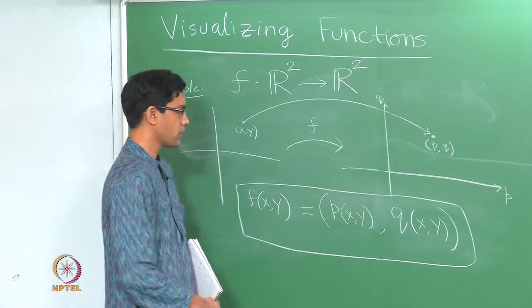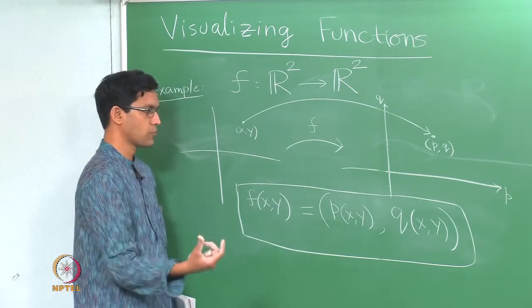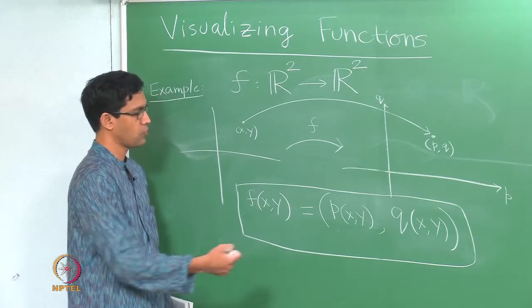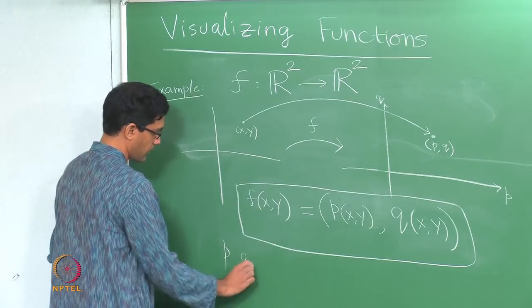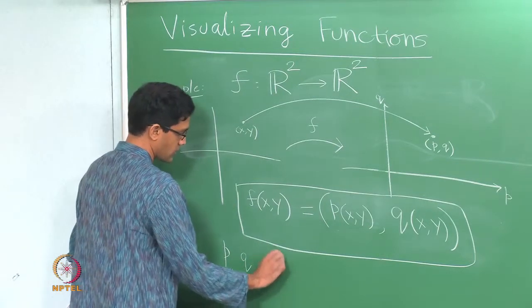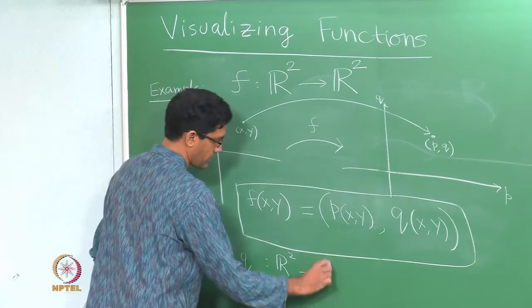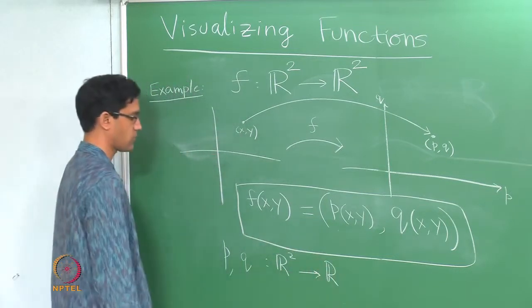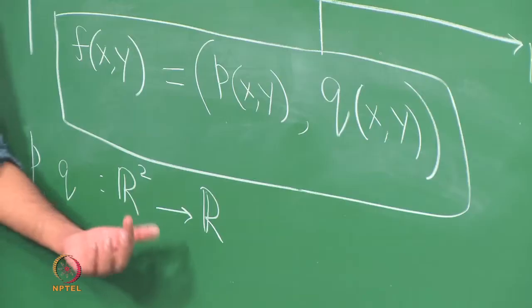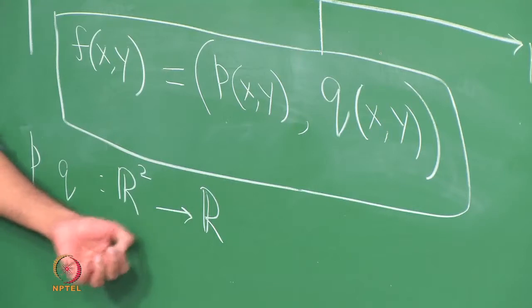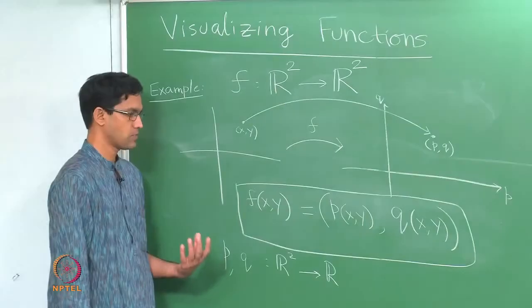So, you should probably think of a map from R2 to R2 as being a package of two functions. There is the p function and the q function, and what are p and q? They are just functions which do the following: to each point in R2 they only give you one real number. So, it is just a function from R2 to R. Each of these is just a function of a kind we have already studied, a map from R2 to R, and f is really the package of these two functions p and q.